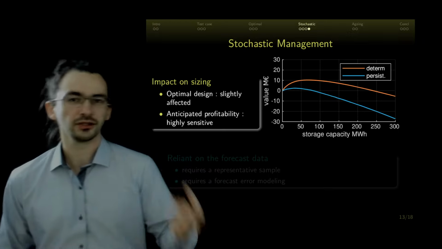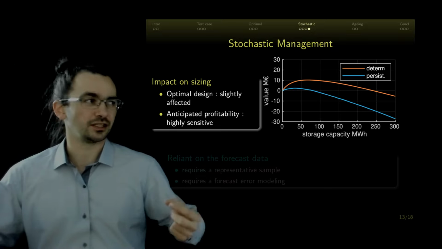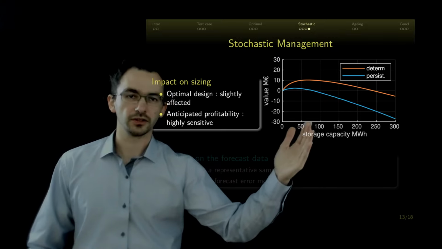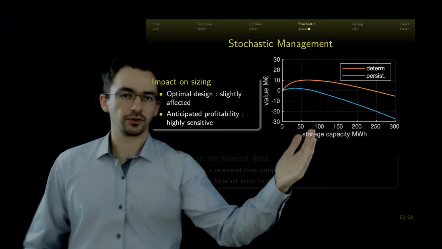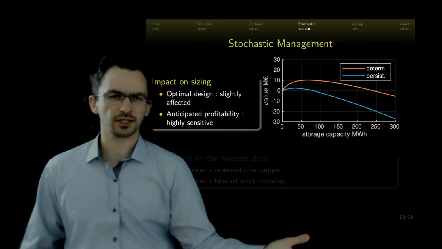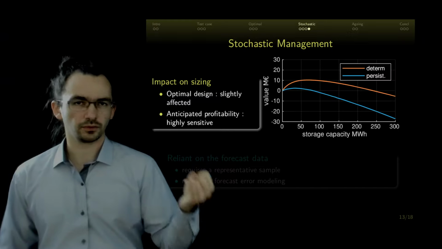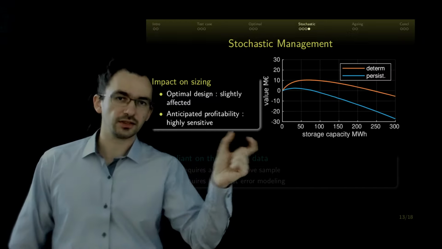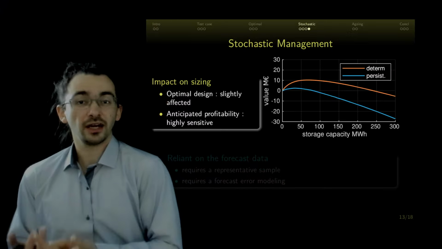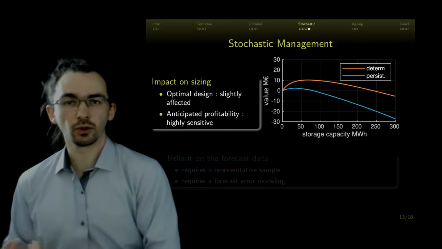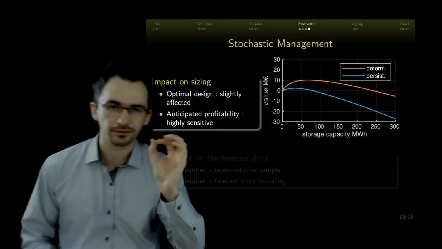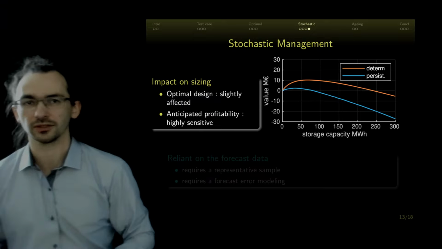Not only can you see that the output will be absolutely different, going from something like 60 to 70 megawatt hours for the optimal design to maybe 30 or 40 megawatt hours, but also the expected added value of the operation would be much smaller. It goes from something like 10 to nearly zero, a barely profitable operation.